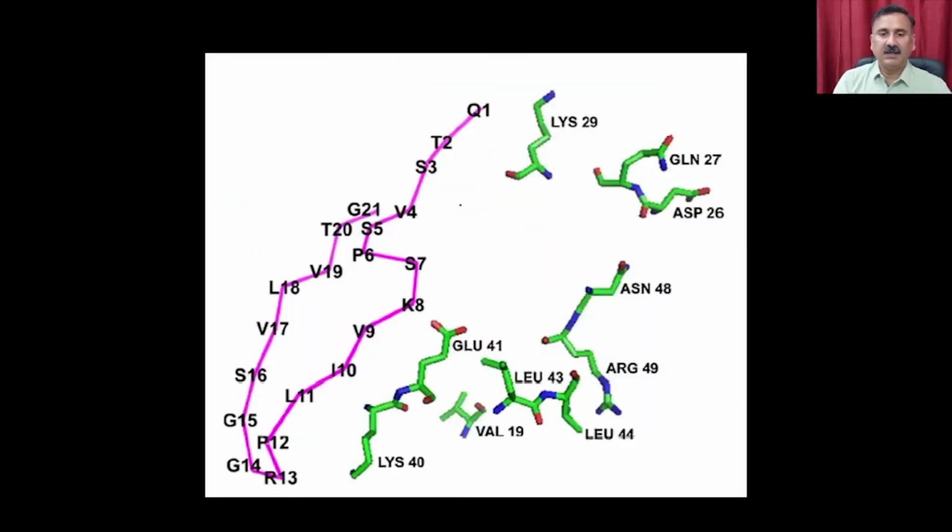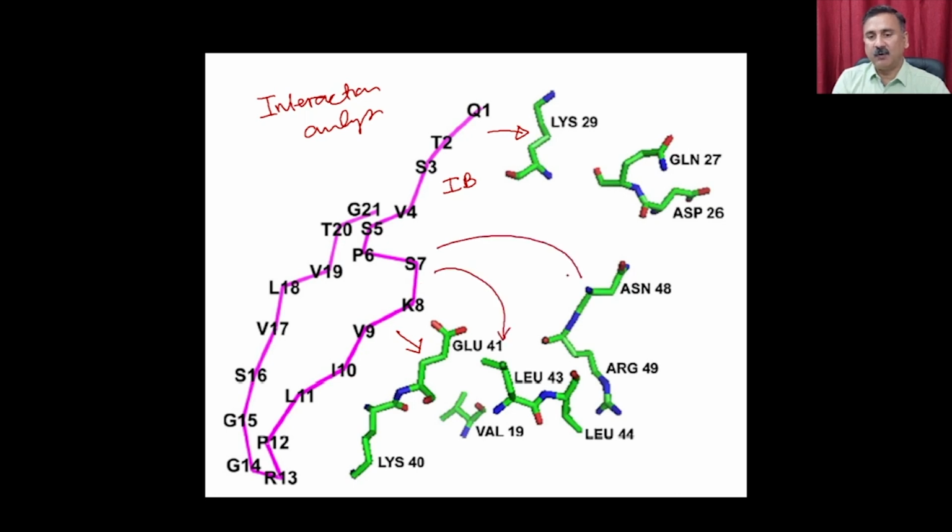First thing what we did is we did the interaction analysis. So this is the IV peptide, and we have identified the crucial residues which are responsible for the interactions. And considering these interactions, we started modifying the fragments.